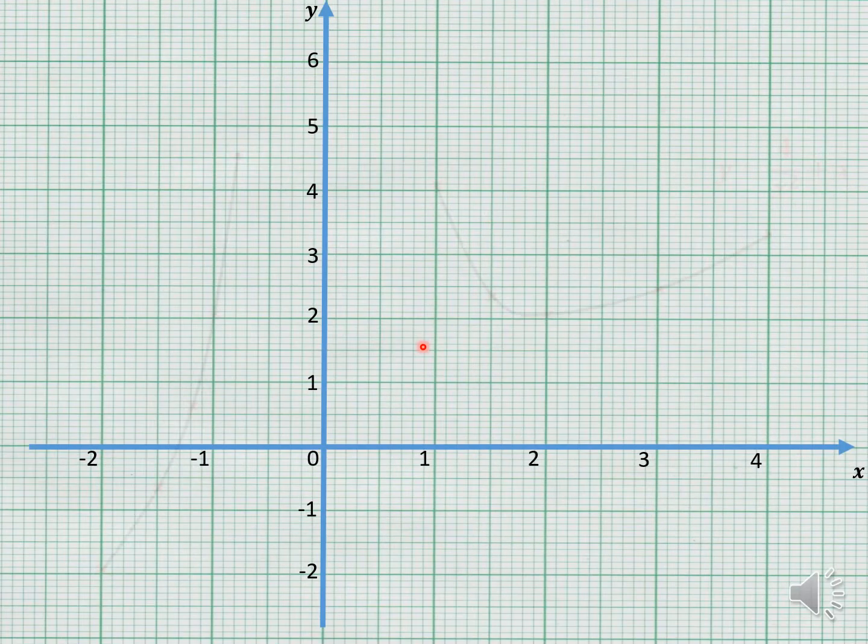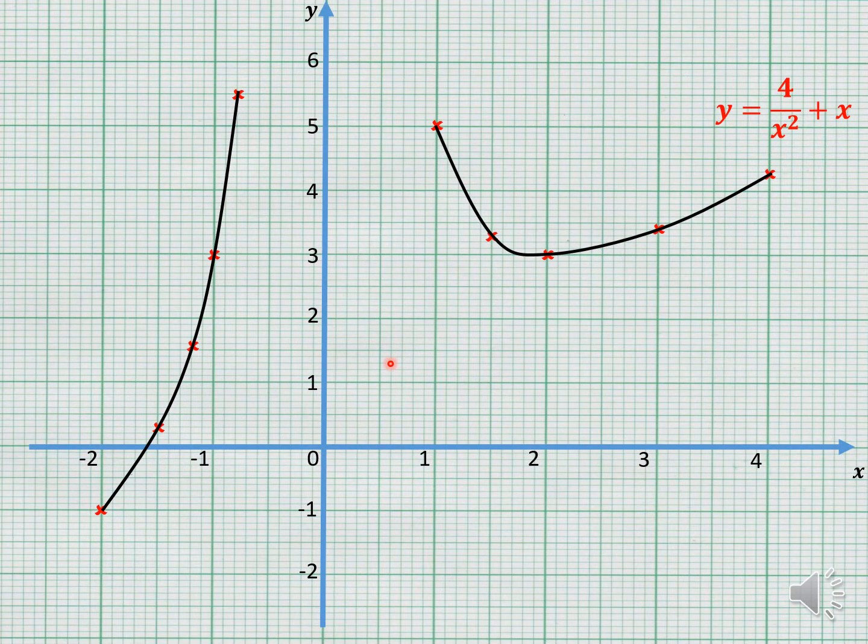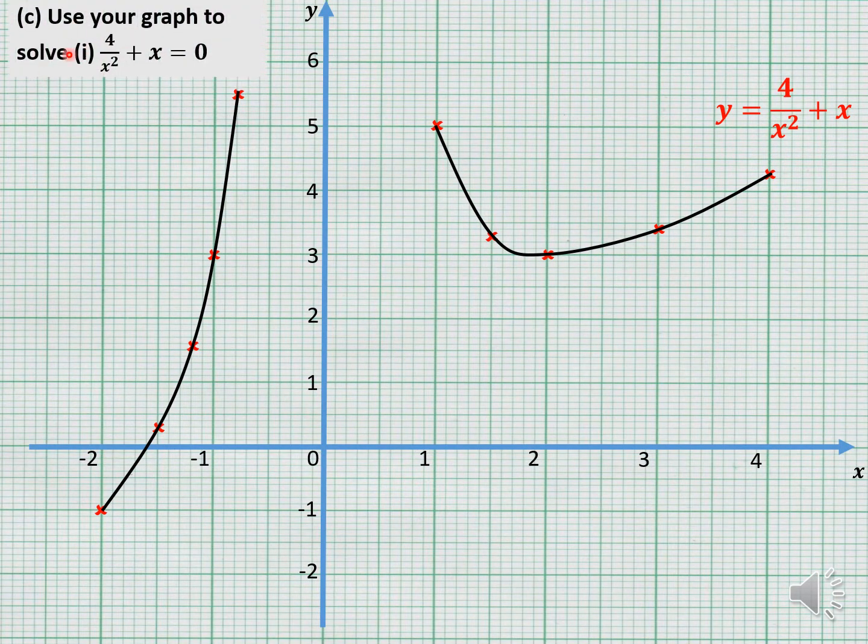So let me bring my graph back again. The first question that comes is you're supposed to use your graph to solve, not algebraically, when 4 over x squared plus x is equal to 0. This 0 tells me this particular line, which is the x-axis, because this line here is where y is equal to 0.